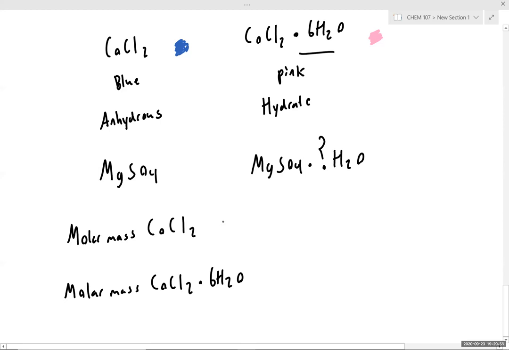So let's start with this first example. For cobalt chloride, we'd need the mass of cobalt. What is the mass of cobalt in our periodic table? What mass do we see for cobalt? 58.93. 58.93 gram per mole, perfect.